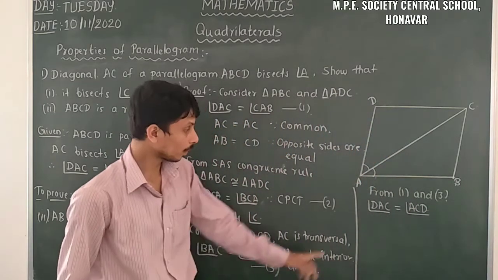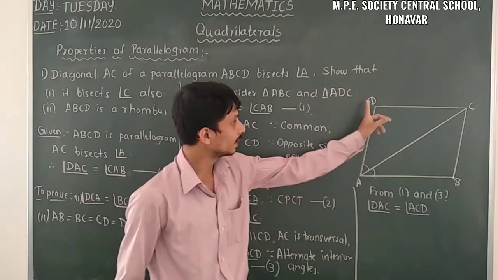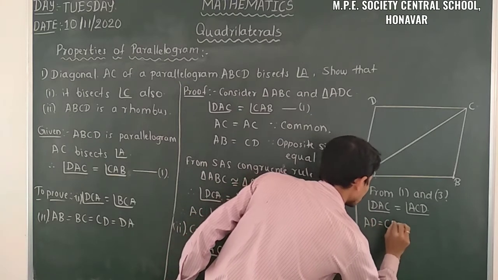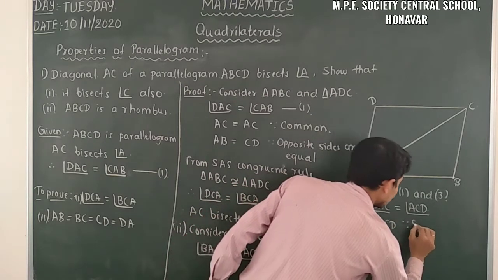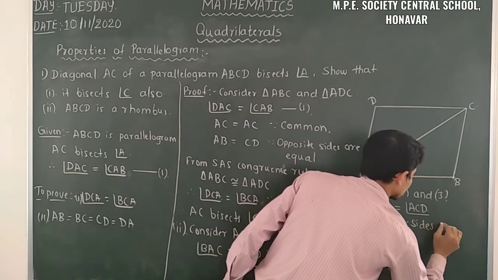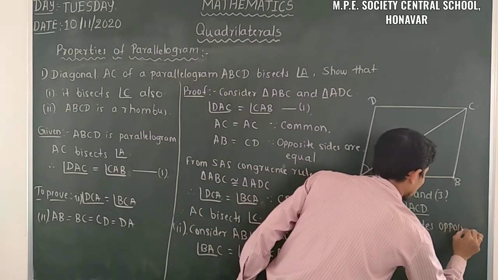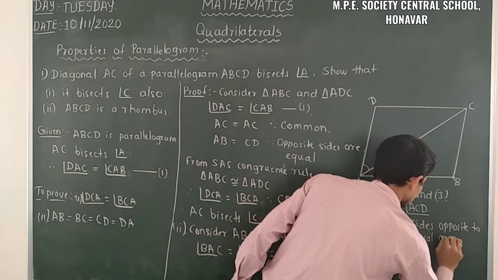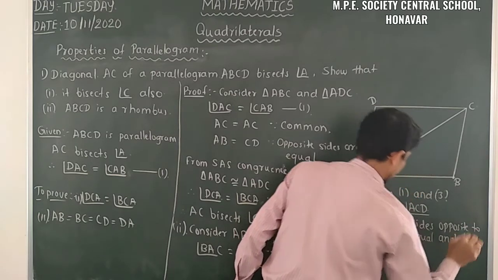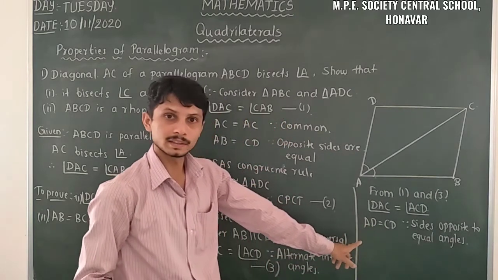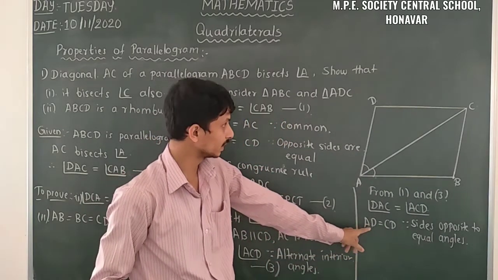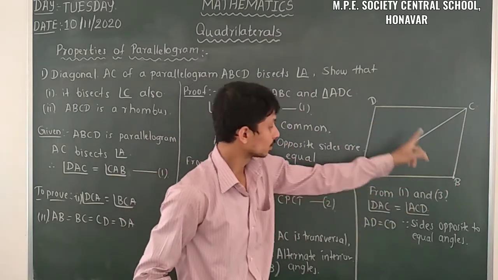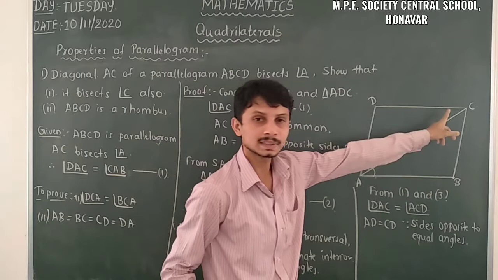From these two we can take AD equal to CD, because sides opposite to equal angles are equal. AD is parallel to BC as well as equal, so AD equals BC also.